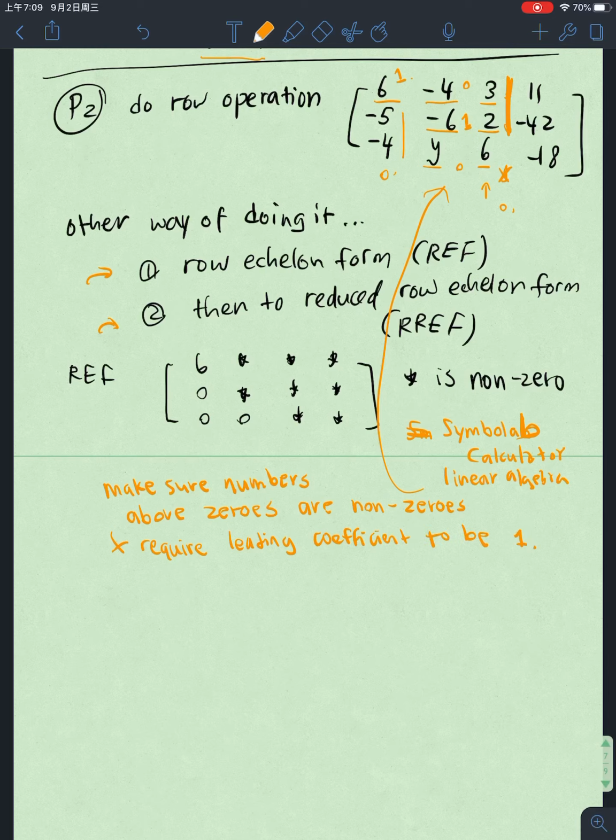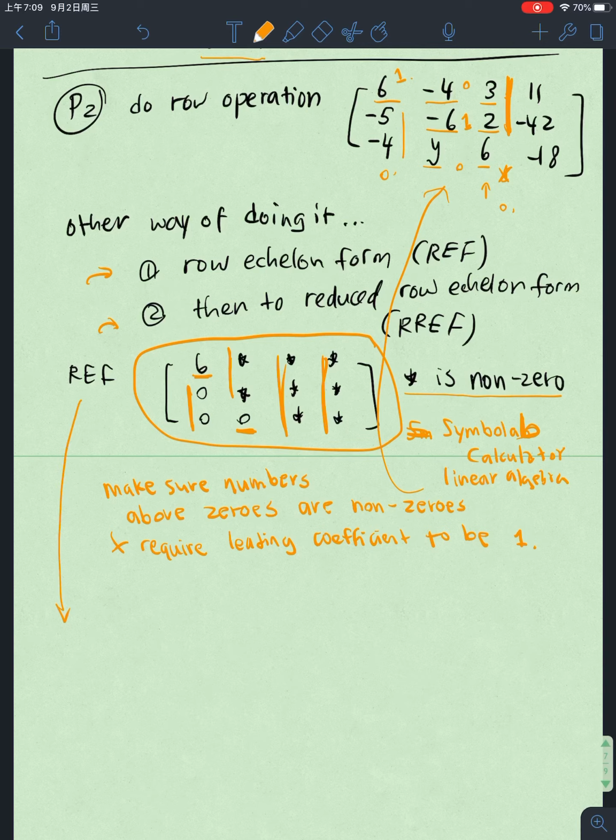So an REF form of this will look like this. You can see the leading term is not 1, but as long as it's non-zero, it's okay. And the two numbers below the leading term will be 0. Here is 0, and these are all non-zero.